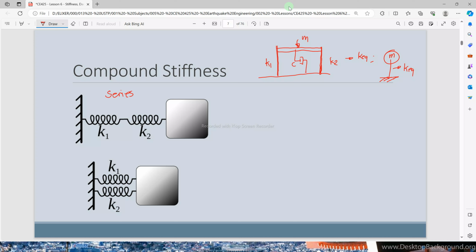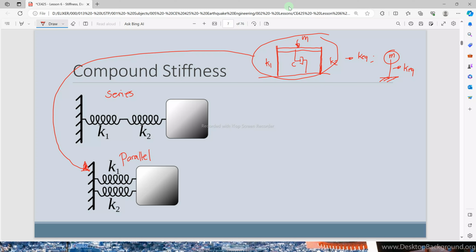The other one here shows the stiffness or springs in parallel. So kung tan-awon no, ang single degree of freedom nga system na to nga building looks like a parallel springs. So anong gina-consider nato ni sa series ug parallel?